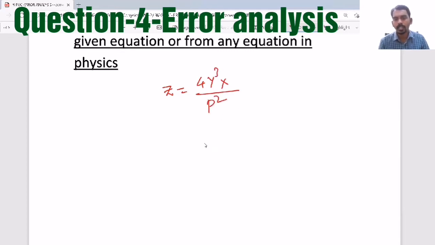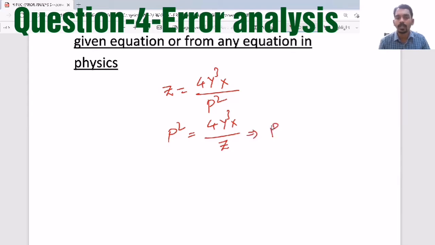Then they are asking the error in the measurement of p. Then you should not take this equation as it is. Always manipulate the equation first such that the quantity whose percentage error they are asking is on the left side. Remaining quantities should be on the right side.